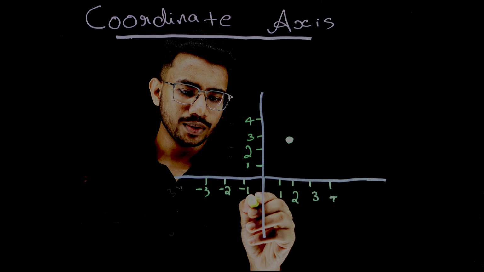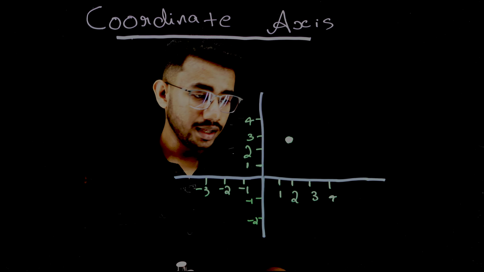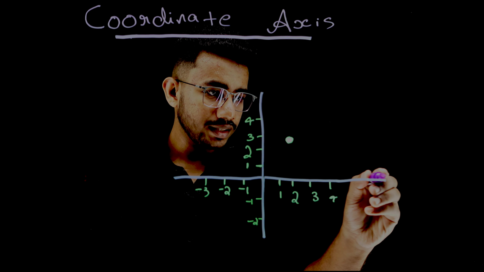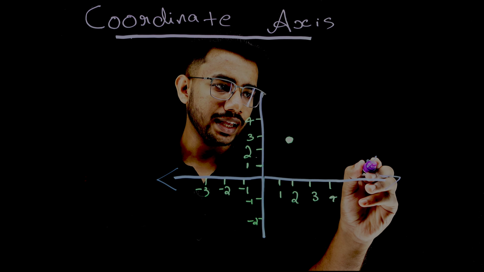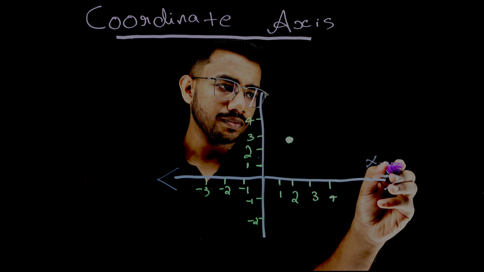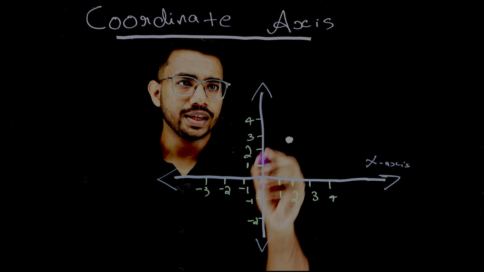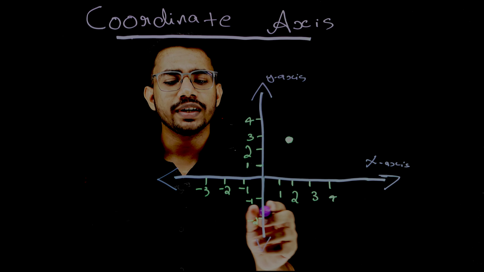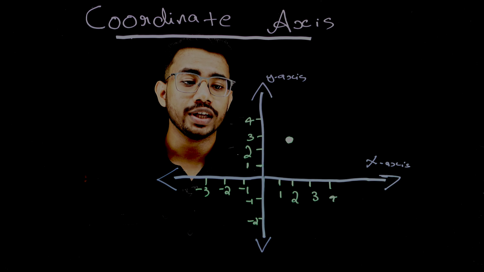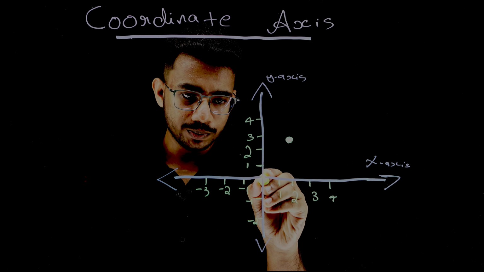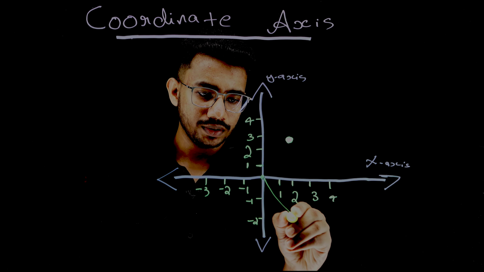And below it is -1 and -2, and it is also going on like that. And this is my x-axis, right? And this is my y-axis. And the point where the x-axis and the y-axis are joining together is called the origin. That means this particular point is called the origin.